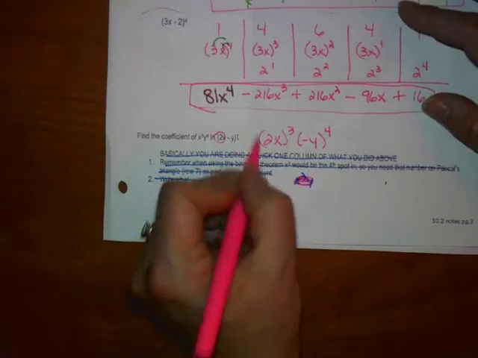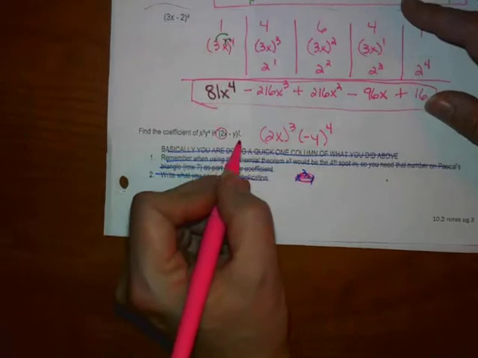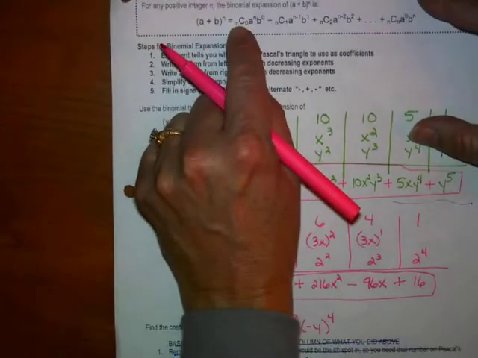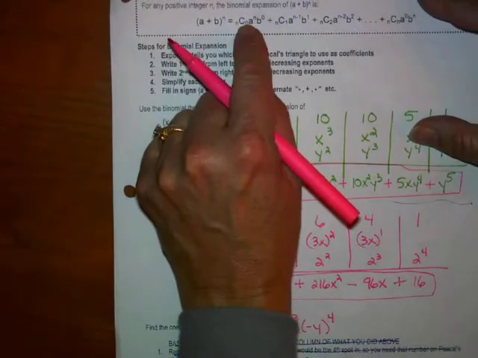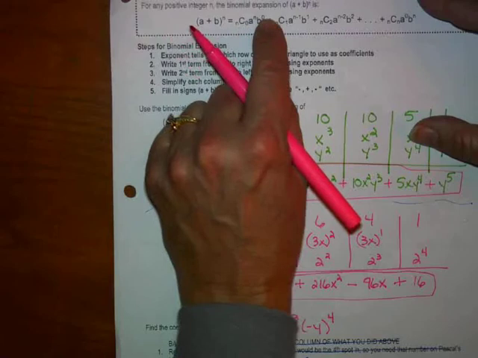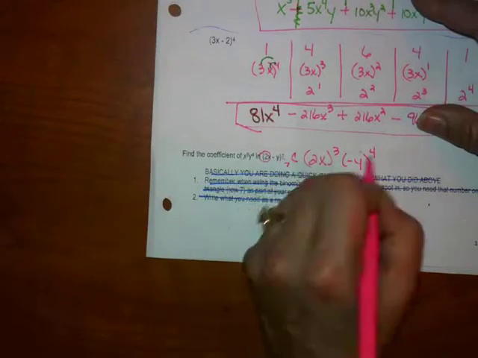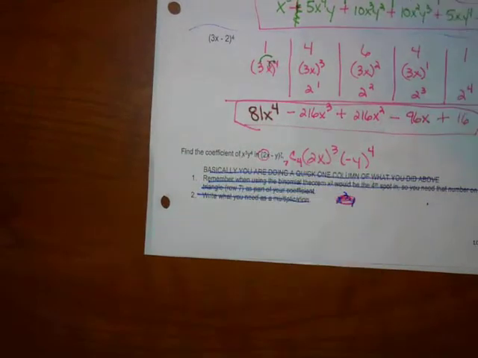And then I have to figure out what goes in front of here. And all you do, and this is just kind of a remember it, is if you look up here, the coefficient is going to be n choose k, and k is whatever is on the second term here, the second exponent. So if I write this here, I'm going to have 7 choose 4.